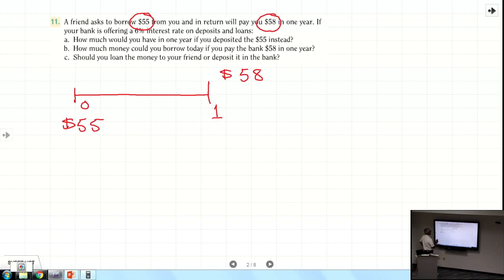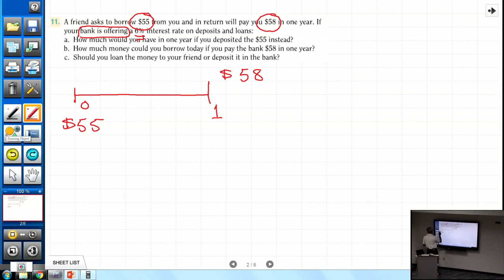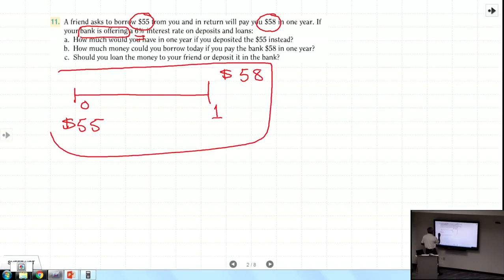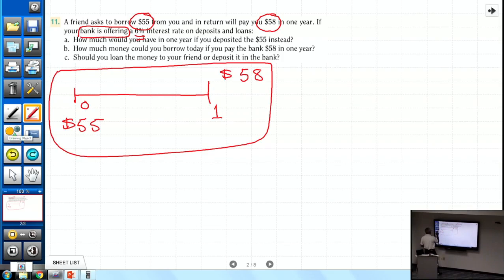And at the same time, you have another alternative. This is the bank, which is offering you another alternative, 6% interest rate on all deposits and loans. How much would you have in 1 year if you deposited $55 in the bank today? So instead of taking your friend's deal, what if you accepted the bank's deal?